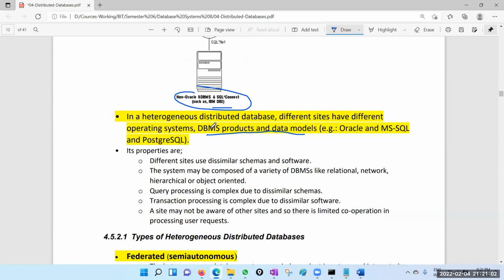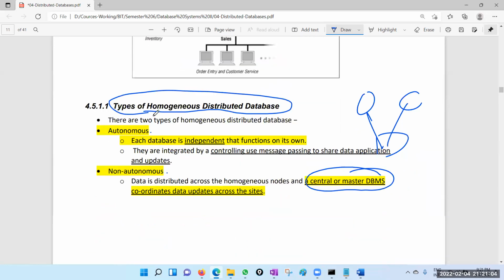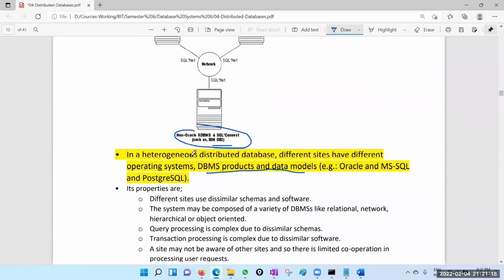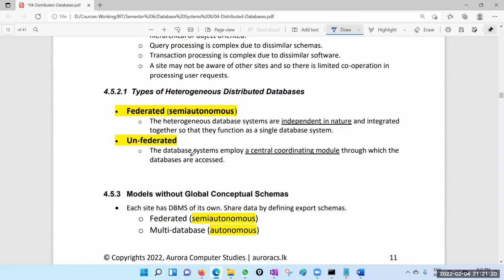Right. So when it comes to heterogeneous, remember homogeneous we can subdivide into autonomous and non-autonomous. Can work independently, cannot work independently. There's a controlling site. Heterogeneous we can subdivide into federated and unfederated. It's a different classification. Okay. Federated means something like semi-autonomous.